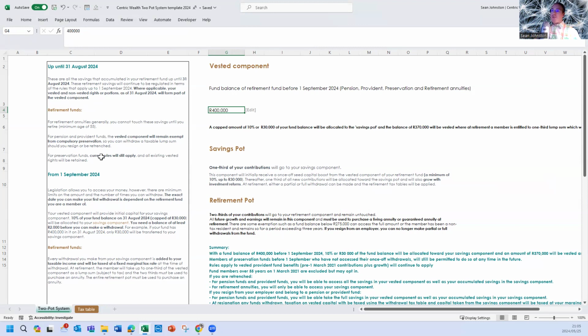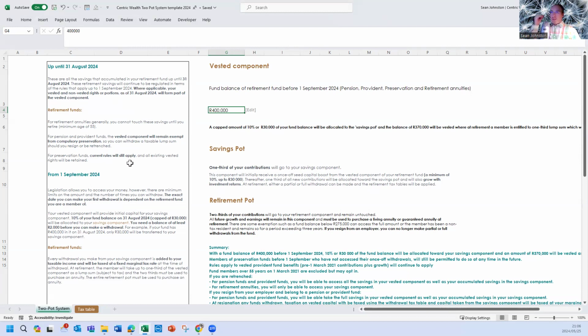If you have a preservation already, you're still allowed to apply the discretion of the partial or full withdrawal before your date of retirement. So all the rules stay the same, but it's allocated to a certain amount, which is up until the 31st of August, which in this case we said was 370. I'll explain why there was 30,000 taken off, we'll get there.